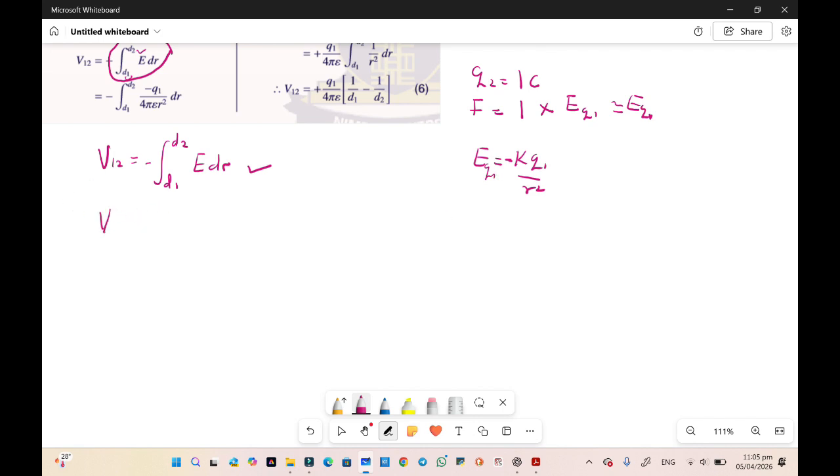And so the potential energy becomes minus the integral from D1 to D2 of minus KQ1 over R squared dr, giving us a positive KQ1 because K is a constant and the integral is not being taken over Q1. And so K and Q1 can come out of the integral so that we will have only 1 over R squared dr from D1 to position D2.